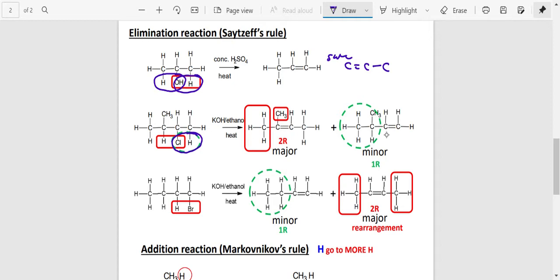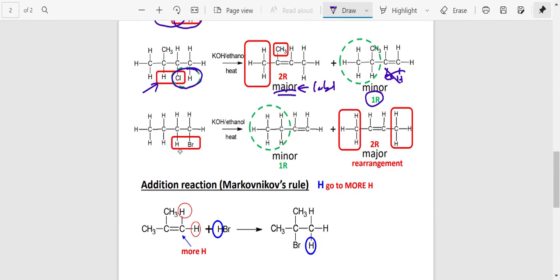When I eliminate HCl on the right, the H and Cl are gone, eliminated. Then I see how many alkyl groups I get. For this part, I only have one alkyl group. If I eliminate the HCl on the left, I will get two alkyl groups. So two alkyl groups is the major. So you must label major and minor for elimination reaction.